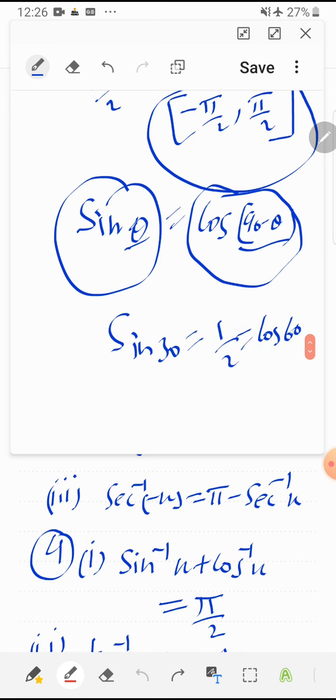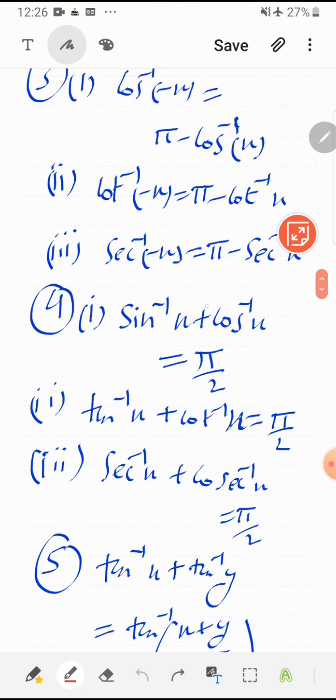So when the value of sine is equal to the value of cos, their angles are complementary. The same is the message in inverse trigonometry: sine inverse x plus cos inverse x. See, the value is the same. So if x is the same, then the sum of the angles is 90, or the angles are complementary. Remember this. Similarly, tan inverse x plus cot inverse x, and secant inverse x plus cosecant inverse x, these are also complementary.